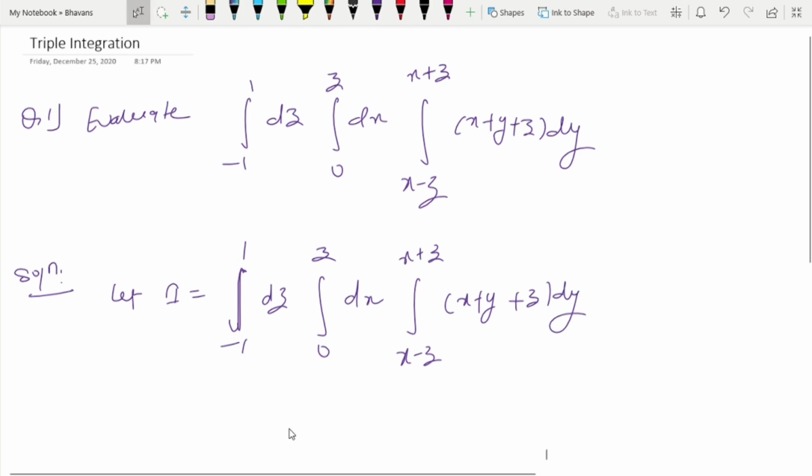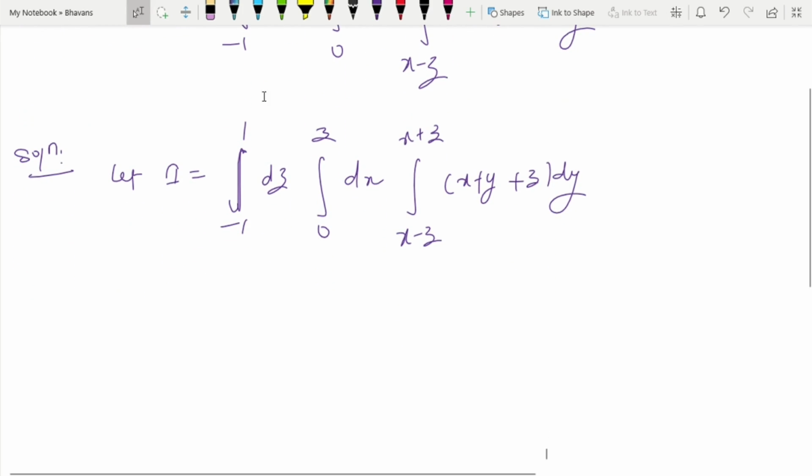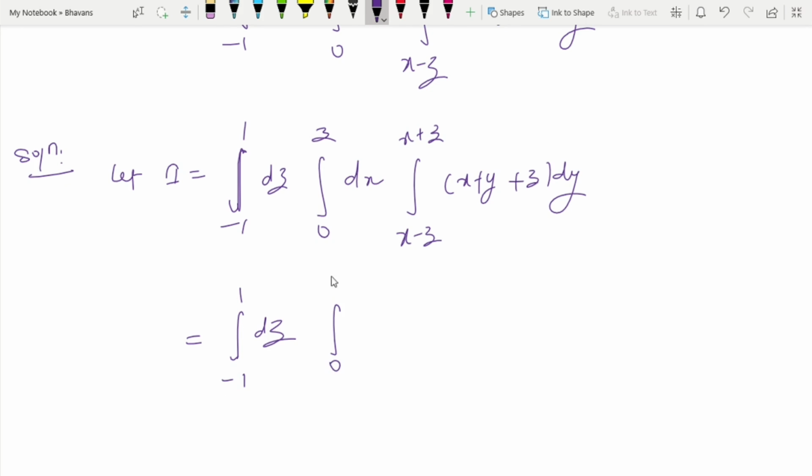So definitely we should first deal with the inner integral, which is this particular expression. So we will solve that first.